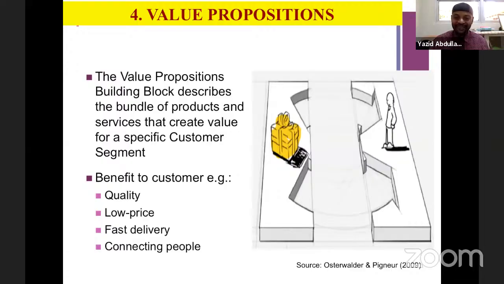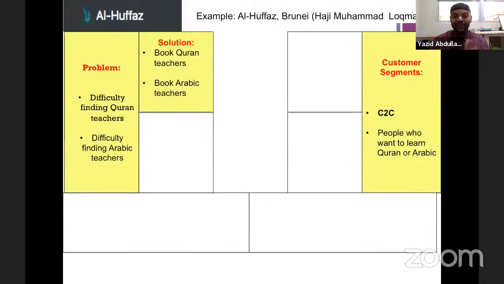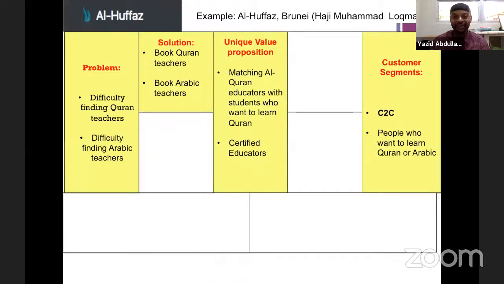Connecting people. It's connecting people. Excellent, okay? So we go back to the canvas and we write connecting people. The value proposition is matching Al-Quran educators with students who want to learn Quran. Another value proposition they have is quality, because this has to do with quality.